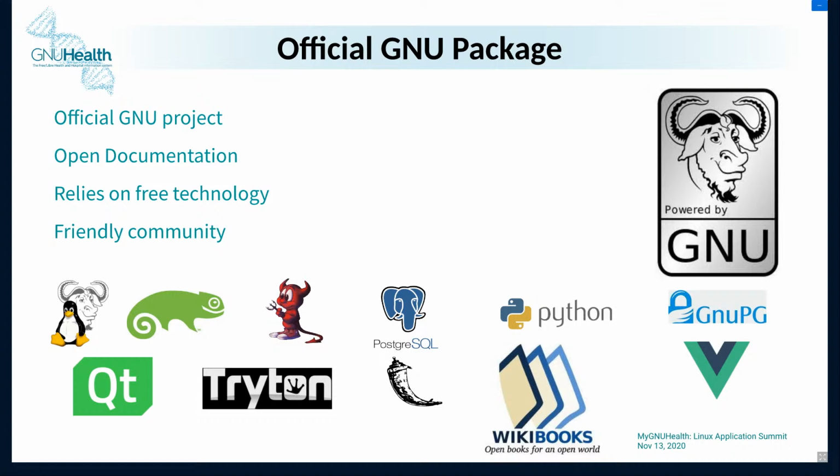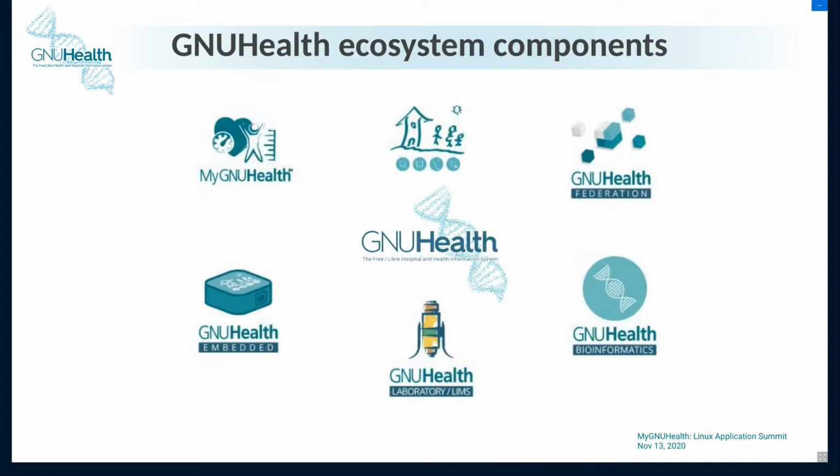Databases, we use different ones, like PostgreSQL or TinyDB, Python as the main programming language. Qt, Tryton, Flask, and the documentation today is on Wikibooks. We use Vue.js for the Federation portal and GNU-PG mainly for signing and encrypting documents.